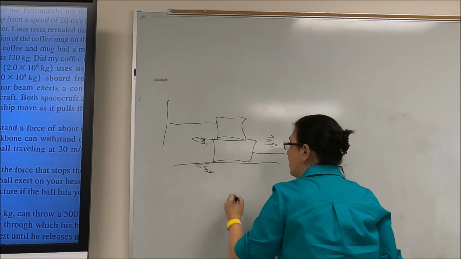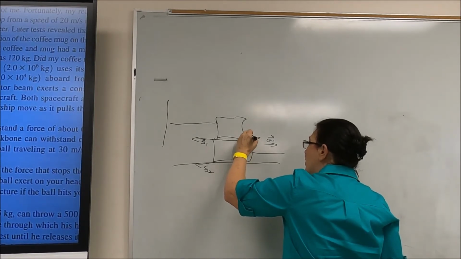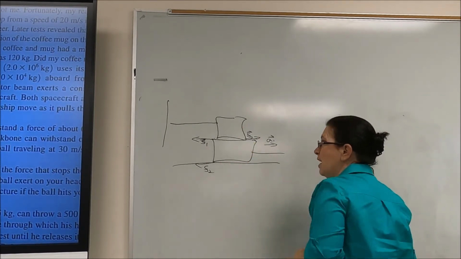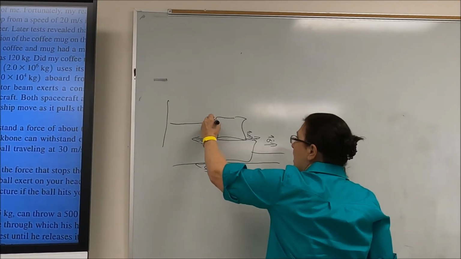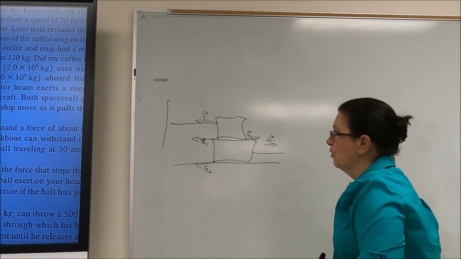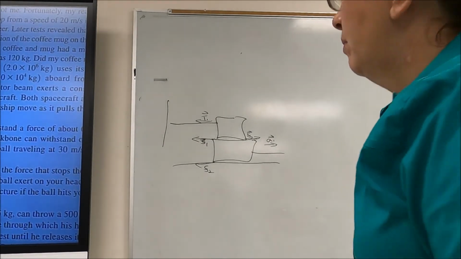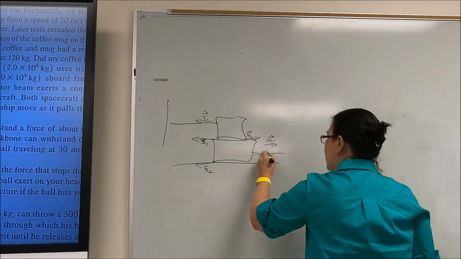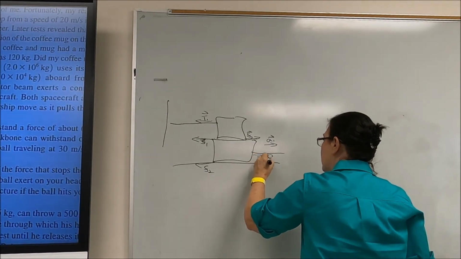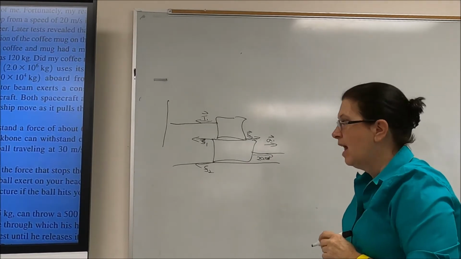That's F2 in that direction. The top block is going to experience a frictional force F3 in the other direction. And it has a tension force T1 in that direction. And we have a force here of 20 newtons. Okay, so that's our rough sketch.